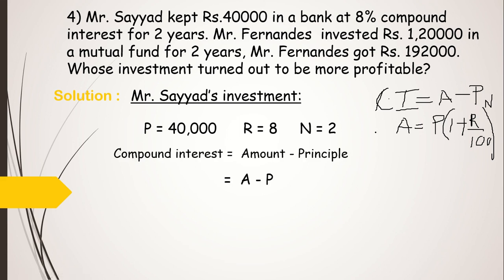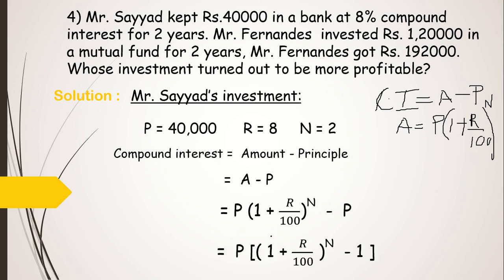In place of A, I will be putting this formula now, P into 1 plus R upon 100 raised to N. And in place of P, I will be putting P. Now take this P common. When you take the P common, in the bracket here, what is left is 1 plus R upon 100 raised to N minus 1.